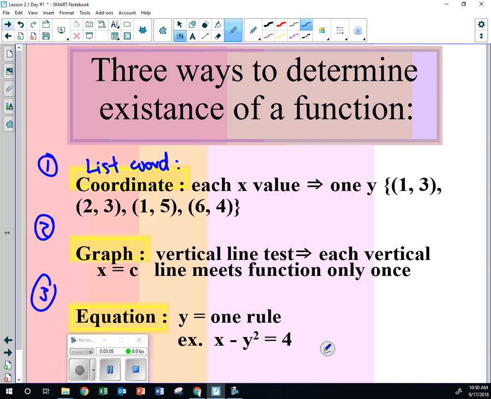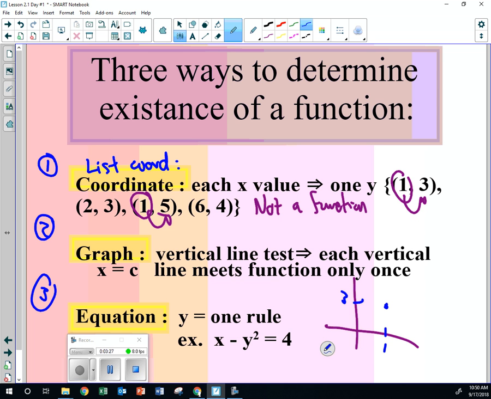No. One moment we have x going to 5, and another moment x is going to 3. So we would say not a function. That's easy, right? If you graphed it, it would look like x going to 3 one moment and 5 the next. And so we said it's not a function.